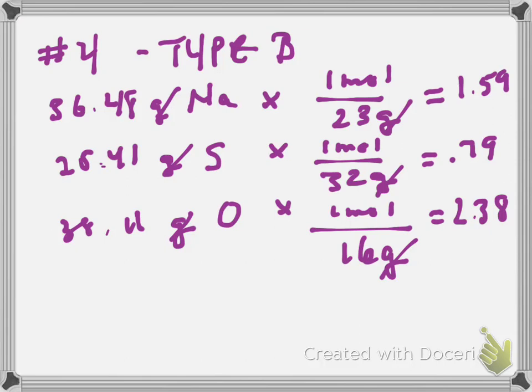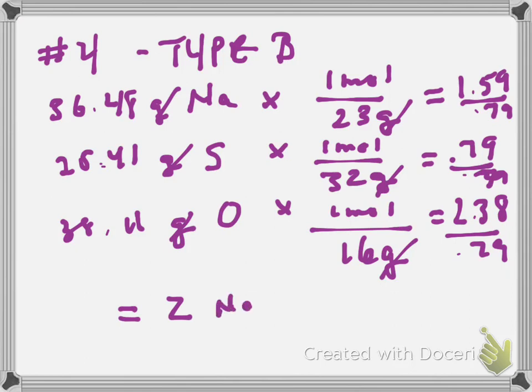Now is the step where you divide by the smallest one of these. And I think a lot of people wanted to do that on step 1. So now everything gets divided by 0.79. Forgive me for my handwriting there. It's just tough to get that to come out. All right. Answers now here. I'm just going to put the equals down here. I end up getting 2 for sodium.